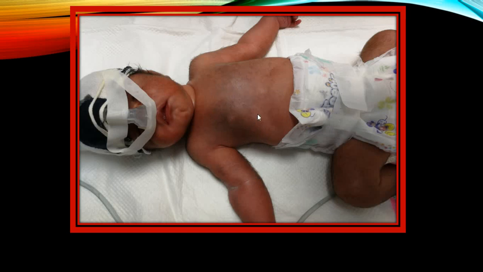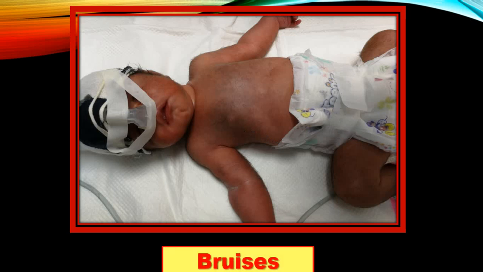This could be due to excessive and extensive resuscitation by doing chest compression and cardiac massage, causing postnatal ecchymosis during resuscitation due to the pressure on the chest wall. So this is another example of bruises.